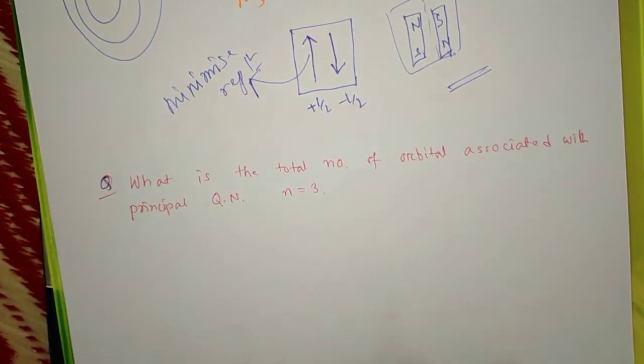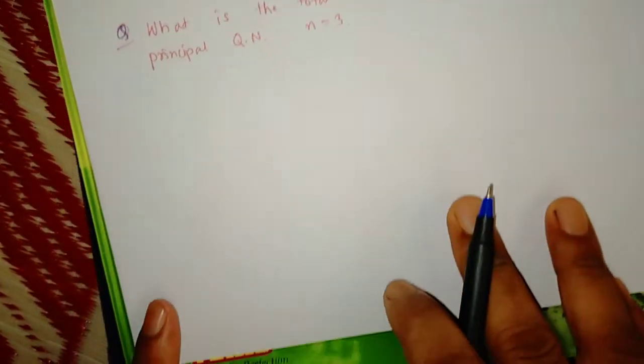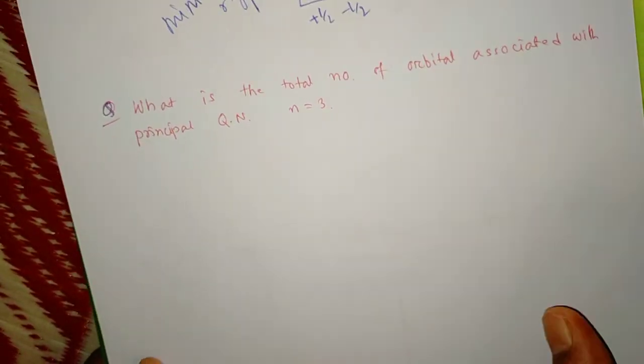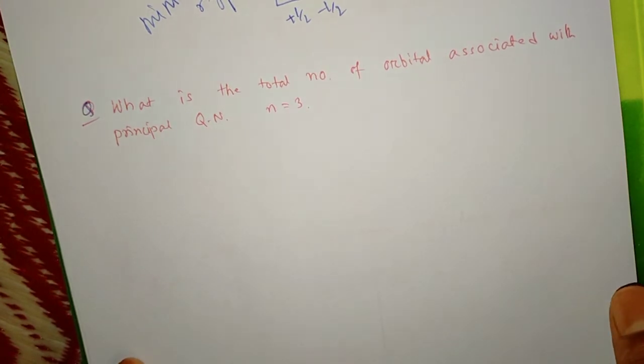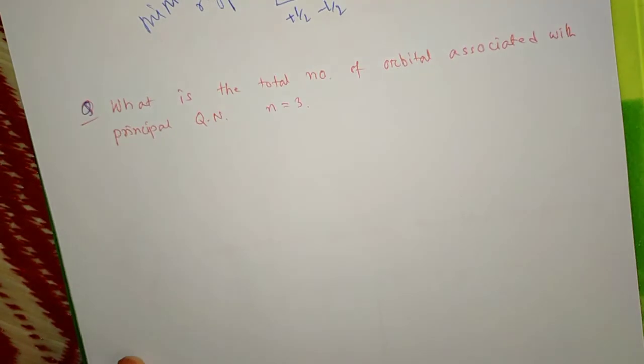Now we will solve some problems regarding quantum numbers. First, what is the total number of orbitals associated with principal quantum number n equal to 3?